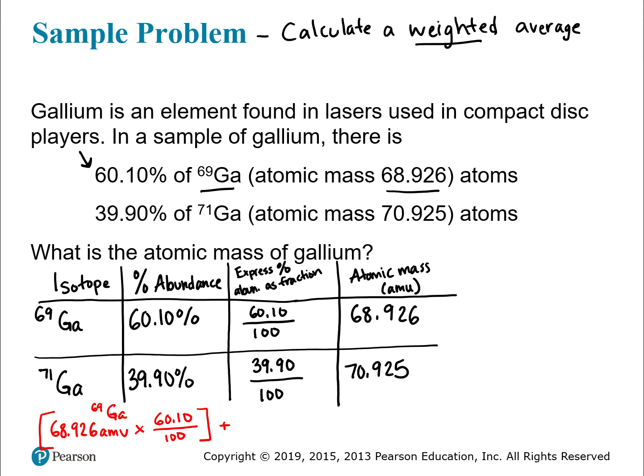We're going to add that to the same thing for gallium-71. You take that 70.925 AMU, multiply by its abundance. Whoops. Make sure you write the correct abundance.